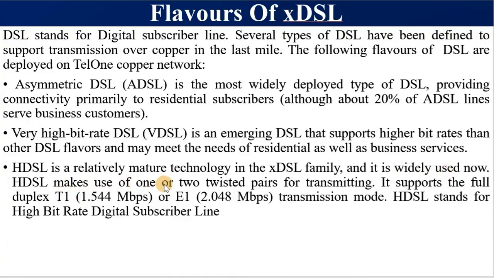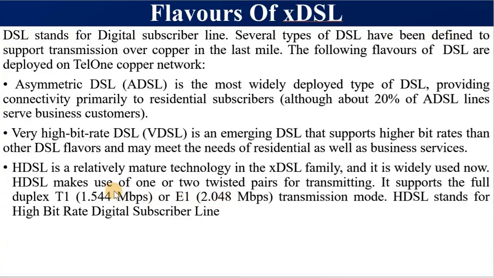It makes use of one or two twisted pairs for transmitting. It can be one pair or it can be two pairs, and it can support full duplex. T1 means speeds of 1.544 megabits per second, and its variant, this is for America and Canada, this is for Europe.